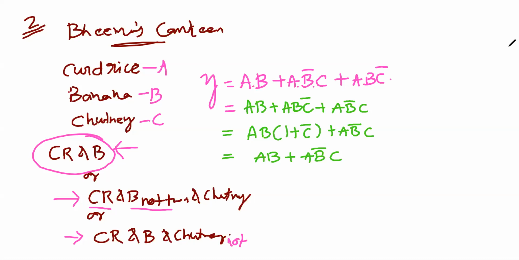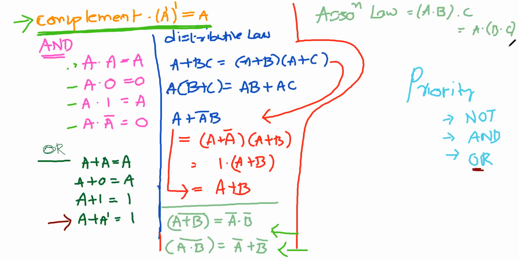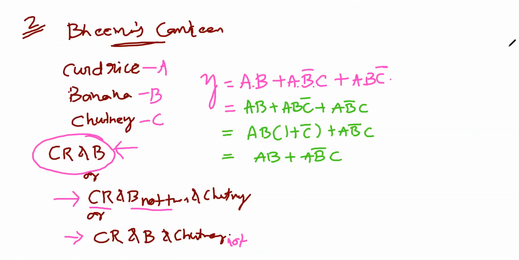How can you reduce it? A common, B or B complement C. B or B complement C can be reduced; you can take help of the B or C rule. B complement C can be reduced to B or C. Which formula did you use?